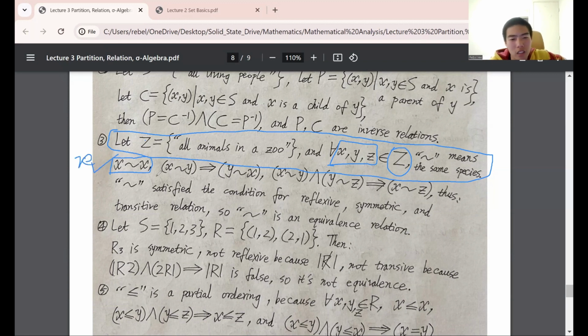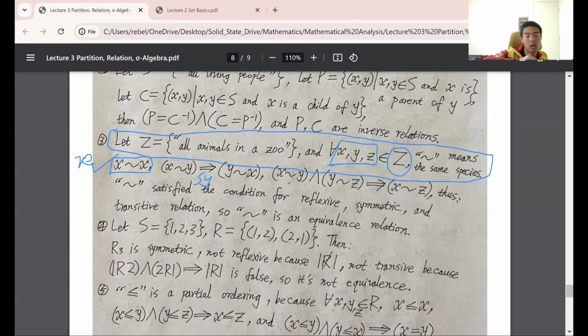Now suppose you find two animals, and the first is an elephant. Is it symmetric? Yes, because if the first is the same species as the second one, then the second one must be an elephant and the same as the first one. So symmetric is proved. Let's see transitive. Is it possible? Yes. The first is equal to the second, so the first is an elephant and the second must be an elephant.